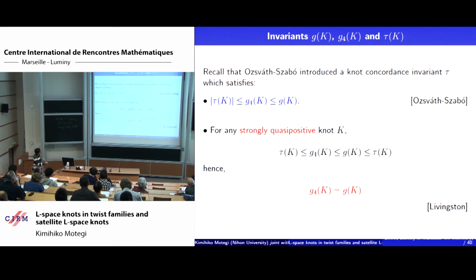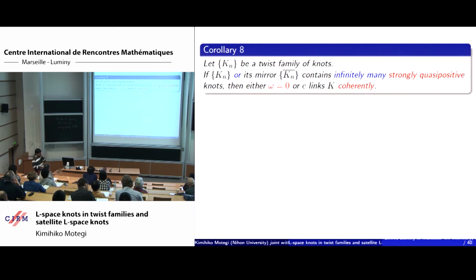And this is the crucial point for strongly positive knots: the genus of K is less than or equal to tau of K. So this string of inequalities implies the slice genus of K coincides with the Seifert genus of K. So now the Seifert genus and the slice genus are equal, and we can apply the previous result for strongly positive knots.